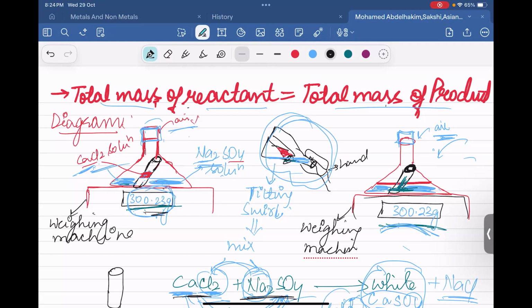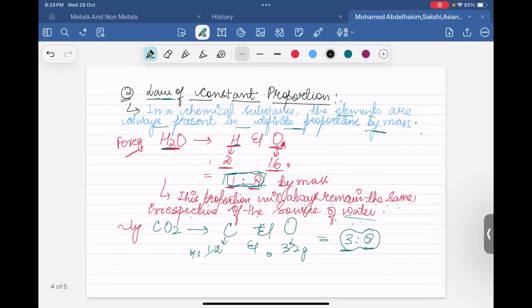Yes, definite proportion by mass. This is the statement, and if it's a long answer question, then you will elaborate it by giving the example of water and carbon dioxide. Tell them that water has two elements, hydrogen and oxygen. It has a mass number of 2 and 16.